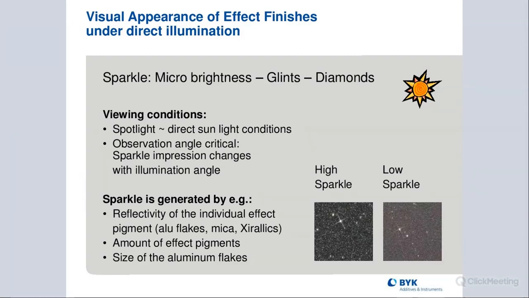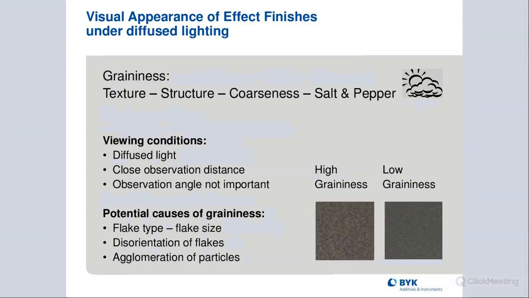And again, we measure 15, 45, and 75 in the instrument, and that information is going to give you information around reflectivity of the effect pigment that allows you to determine size of flake, amount of effect material that's in there, and even the type of flake that might be in there.